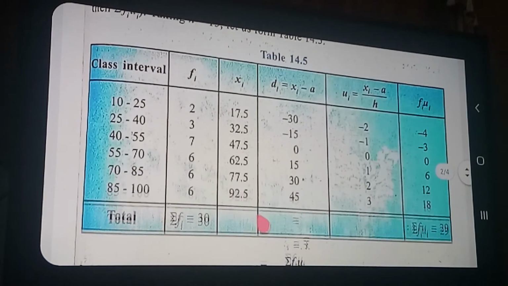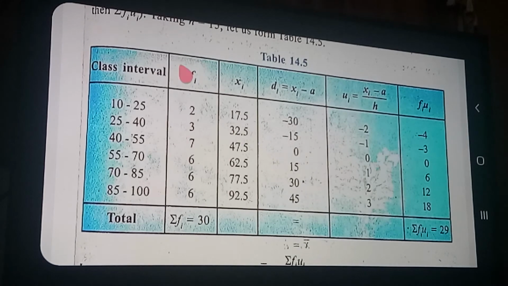See the columns. I am explaining this for textbook examples only, for your understanding. Class interval is written, frequency written, and xi values written. You know how to find the xi value. Di is written, although when applying the step deviation method there is no necessary deviation, but it is shown in the textbook so I am just explaining.